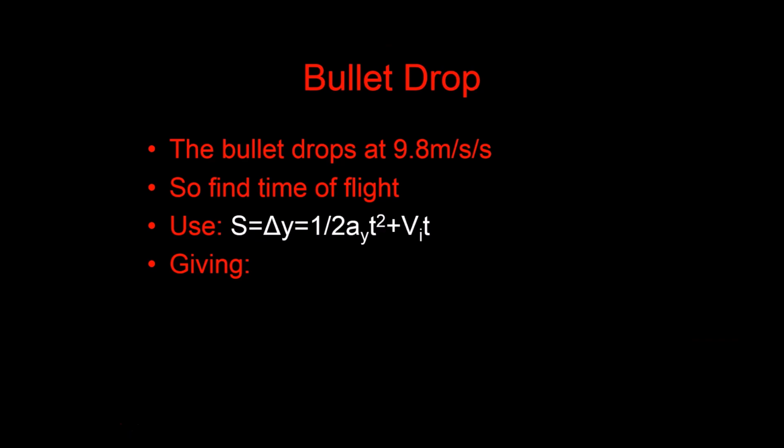So we know that the bullet will drop at 9.8 meters per second. So for every second of flight, the bullet will be dropping in the vertical direction by an extra 9.8 meters per second. Now, if we're to look for some commonality between our x and y directions, this is nearly always found by the time of flight.